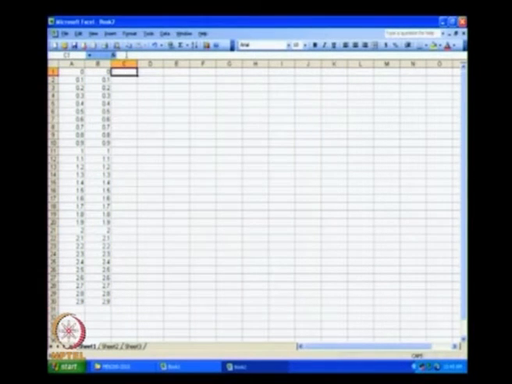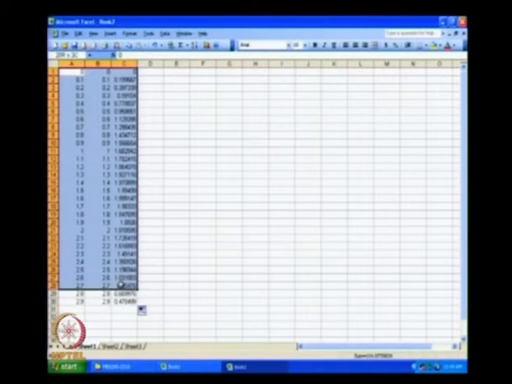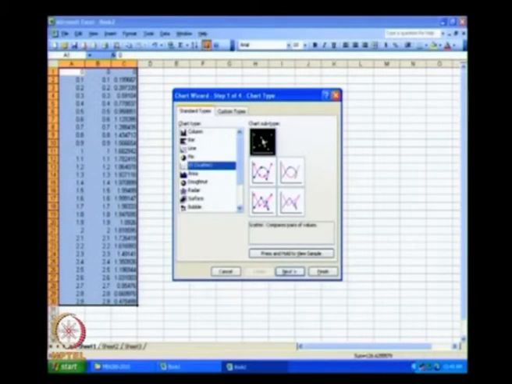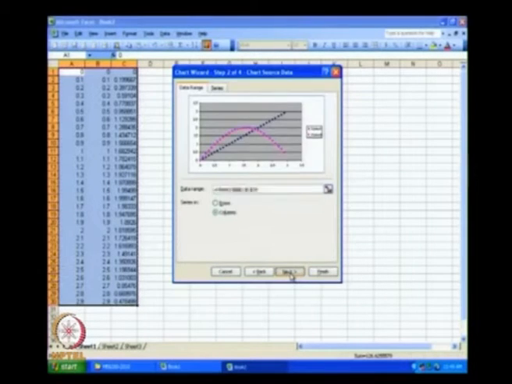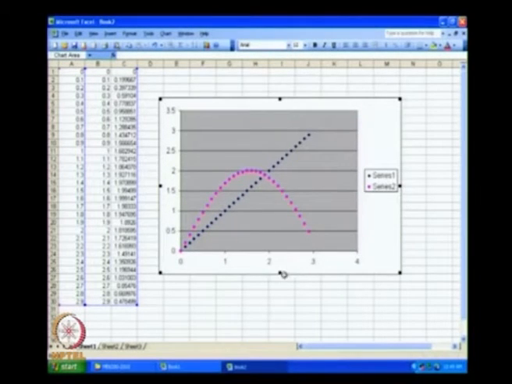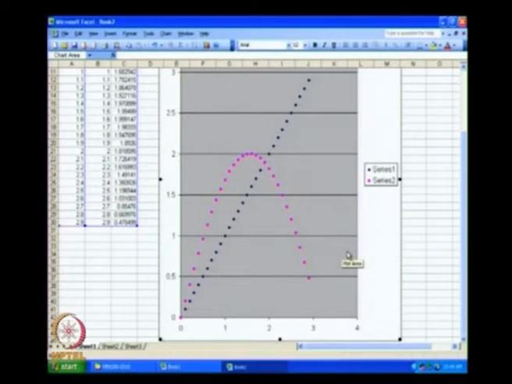It's all radians only. There we are. So this is the solution to the problem.